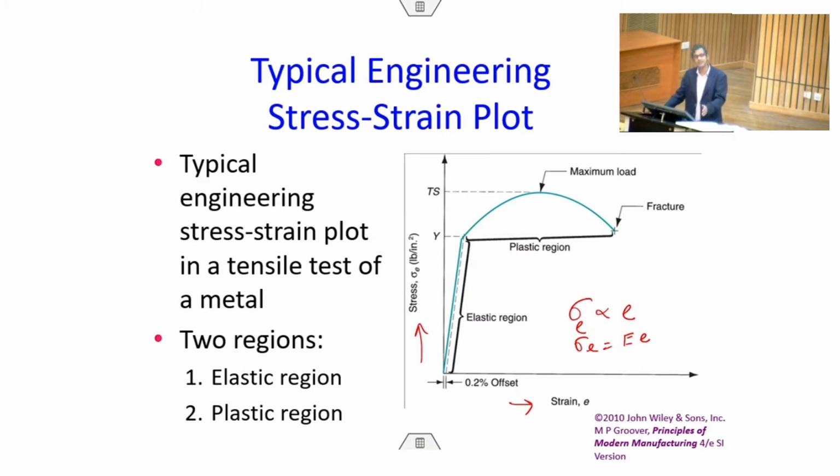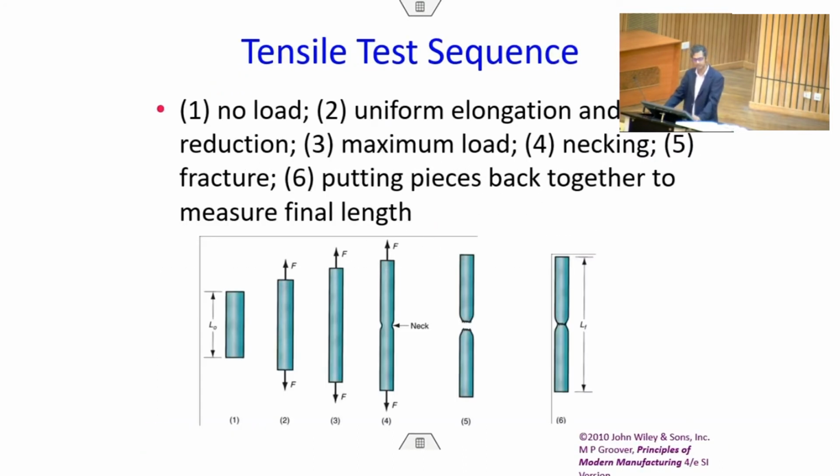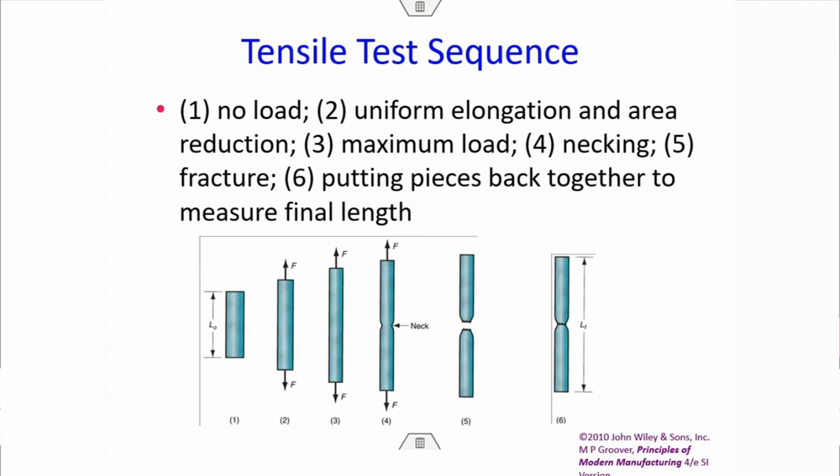So any deviation from that is indicated by the yield point or yield stress, and then it goes to a maximum that corresponds to the maximum load, and that is known as the TS or tensile strength, and then it follows a downward trajectory. Finally, the material fractures. This is the same as what I showed you here. These snapshot views are reflected in a stress strain plot.